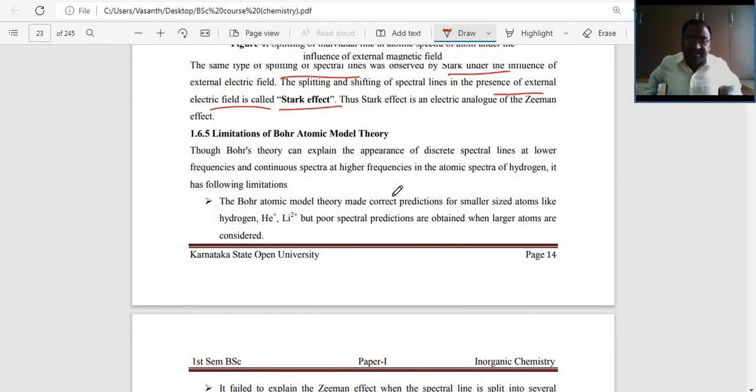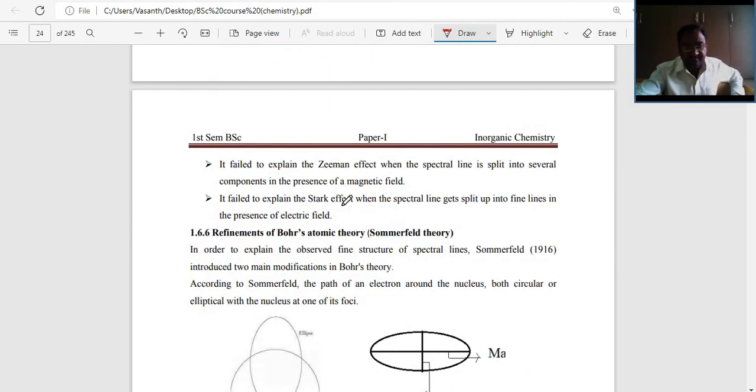What are the limitations of Bohr's atomic model? Bohr's atomic model theory made correct predictions for smaller sized atoms like hydrogen, which contains uni-electron species.